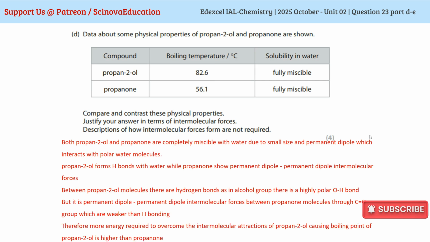Therefore, as expected, the boiling temperature of propan-2-ol is increasing because more energy is required to overcome the intermolecular attractions between propan-2-ol molecules compared to propanone. Therefore, the boiling point is higher in propan-2-ol compared to propanone.